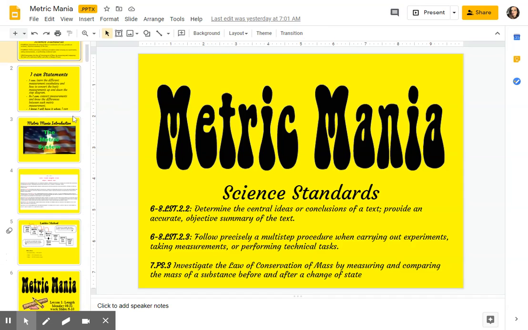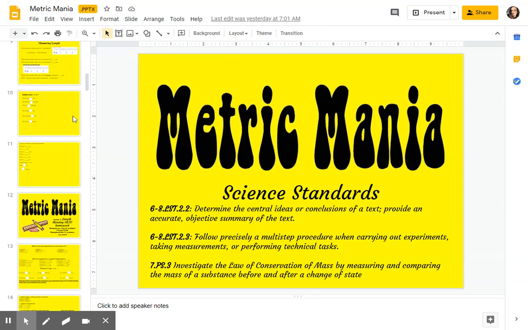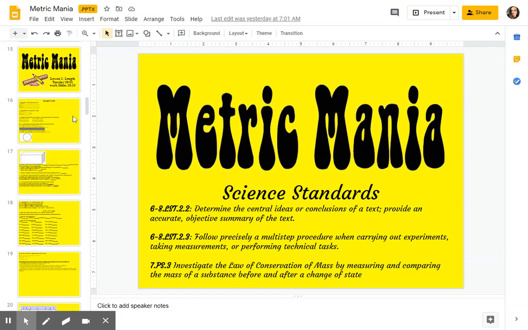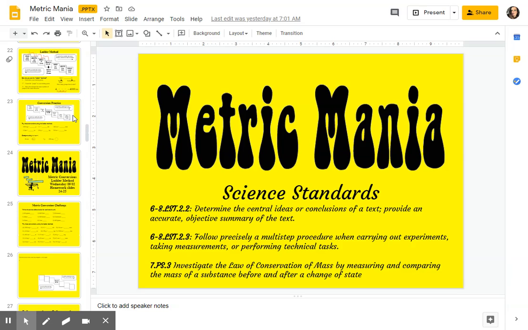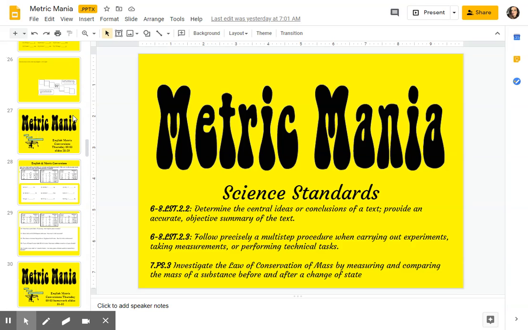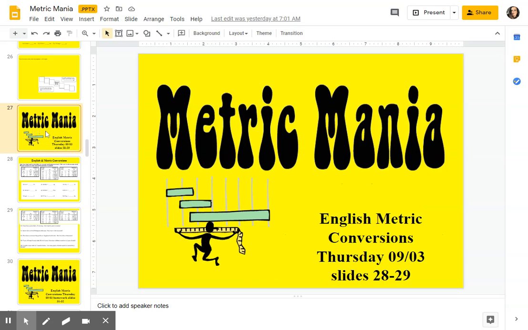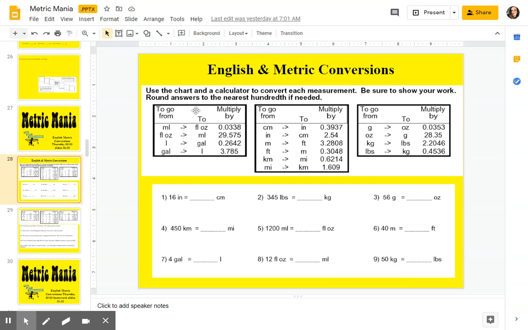Now, for Thursday's work, we're coming all the way down to slide 27. On slide 27, we're going to be working on our metric conversions.